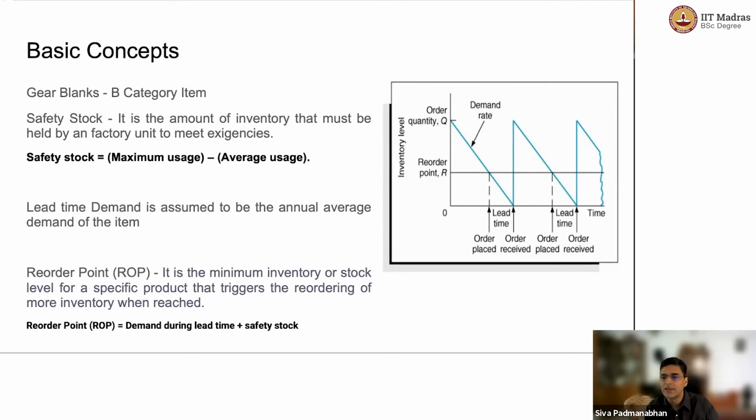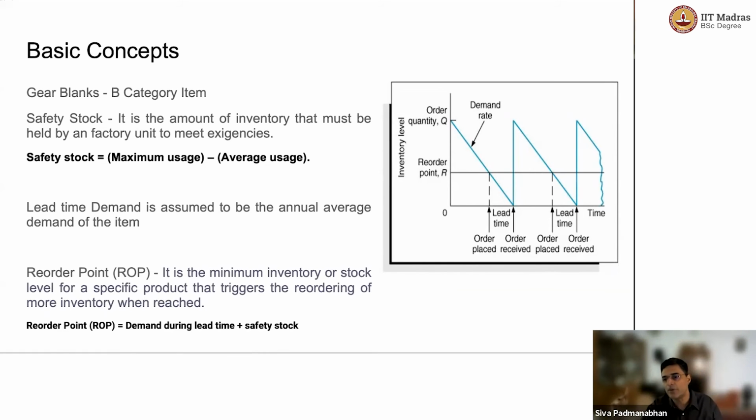Now, what happens is that beyond the reorder point, we keep consuming more and more. Actually, this graph is not quite showing, but there's a point just above 0 at which we receive the order that we just placed. When we cross the order point, we place an order, and we receive those products in. So the inventory then goes back up to a high level, and then we start consuming again.